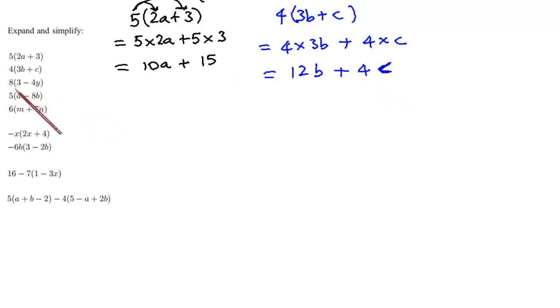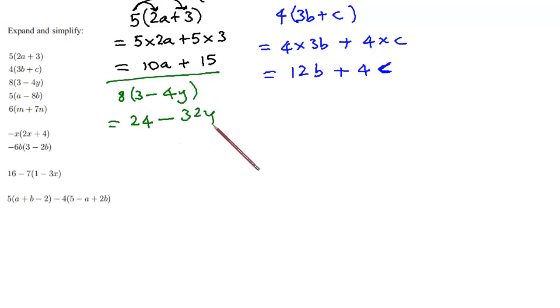Let's do another one. 8 bracket open 3 minus 4y. So what I'll do over here is I'll just simply skip this second step. And instead of writing 8 multiplied by 3 first, I'll just write the answer directly. What is 8 3s are 24 minus 8 4s are 32y.